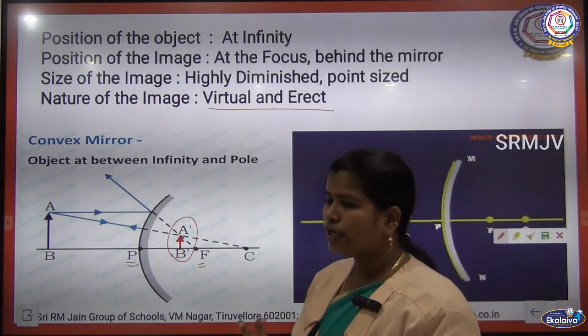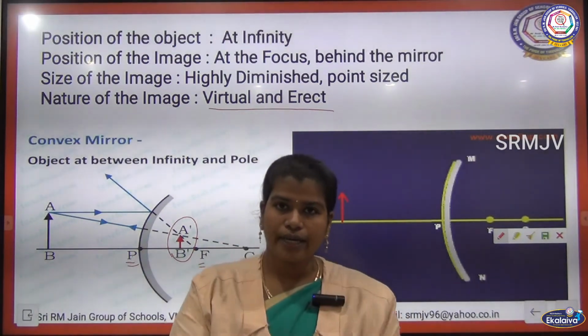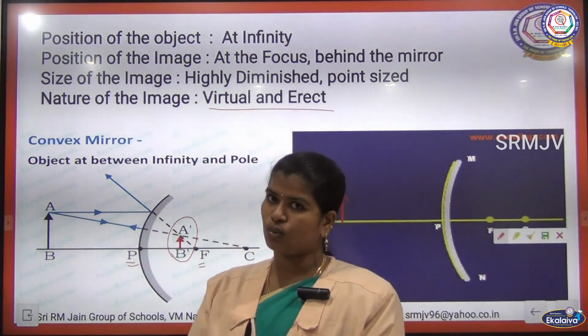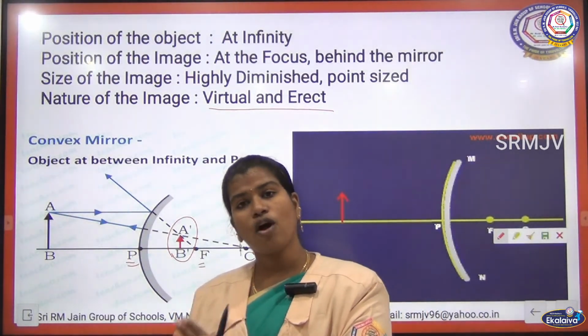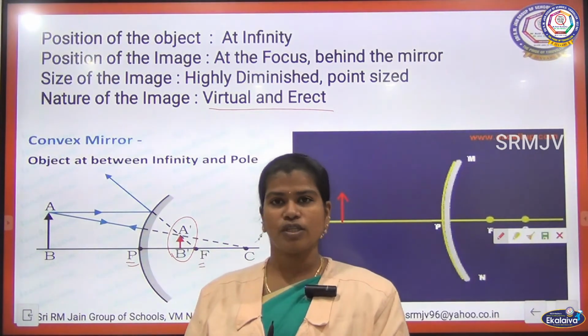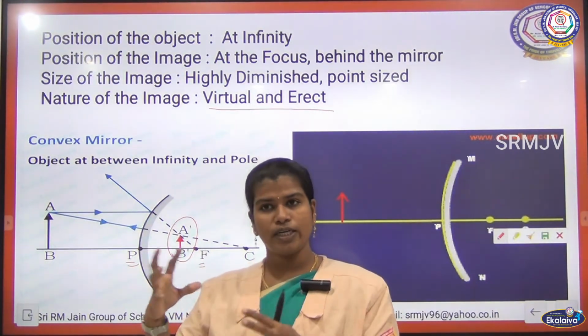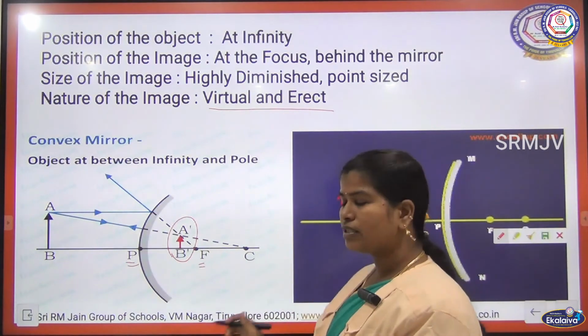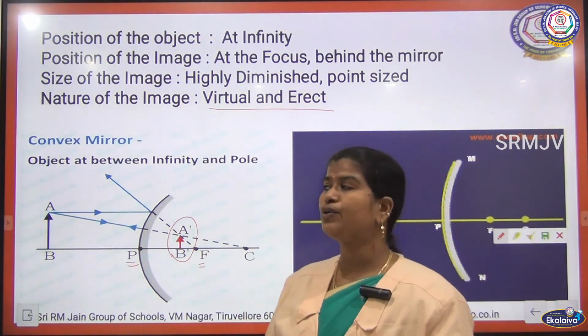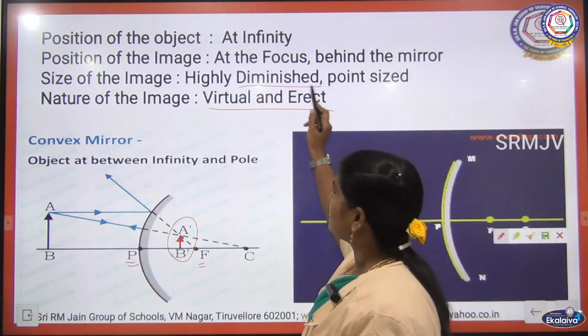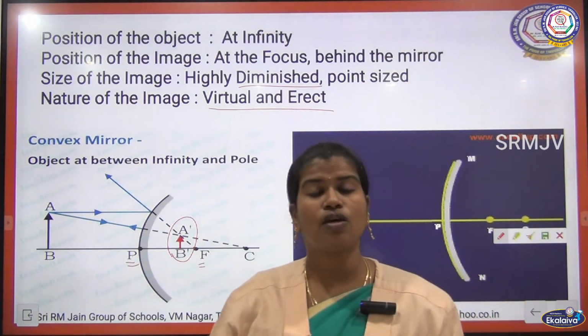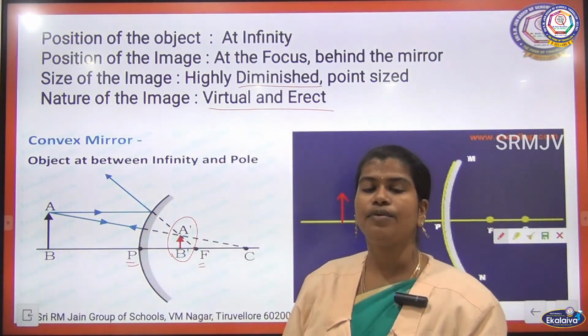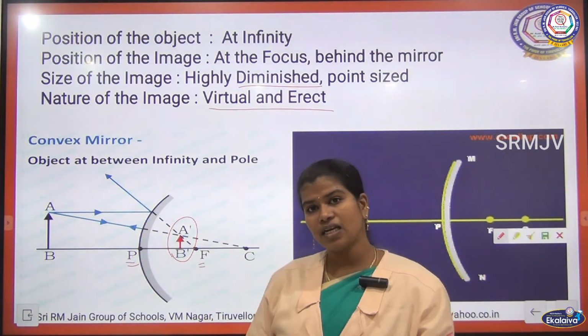So what is the difference? Even the concave mirror produces a virtual and erect image, and the convex mirror also produces a virtual and erect image. But what is the difference? The convex mirror always produces a diminished image, but the concave mirror produces an enlarged image.